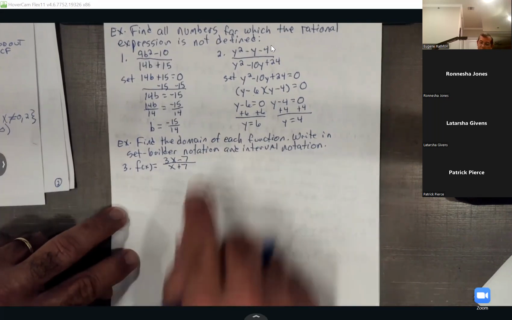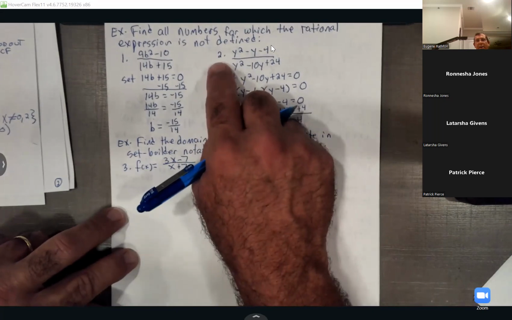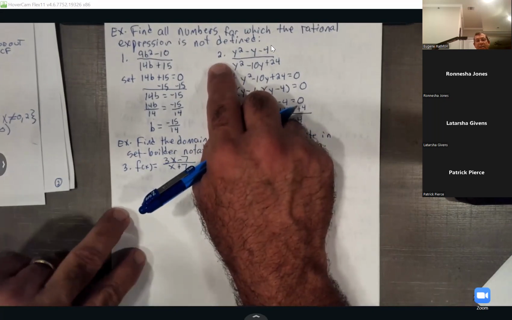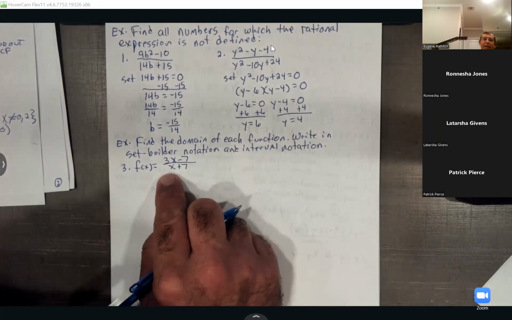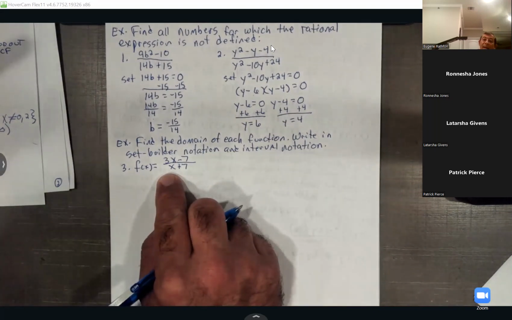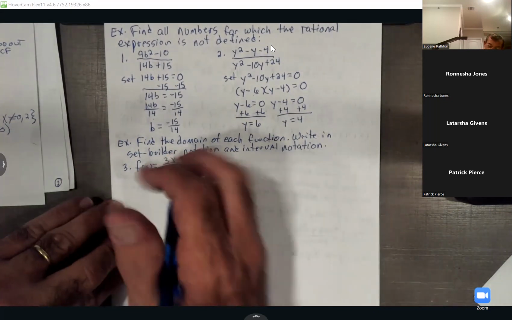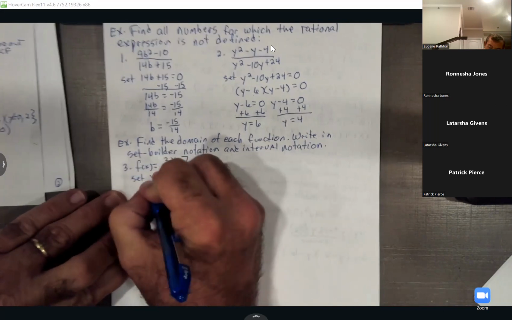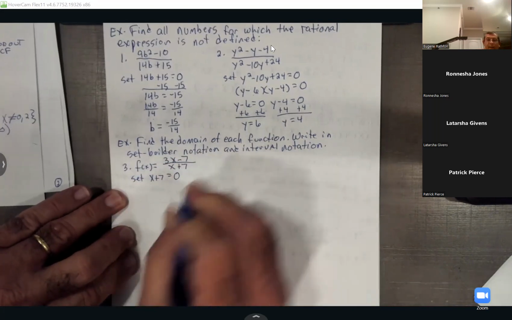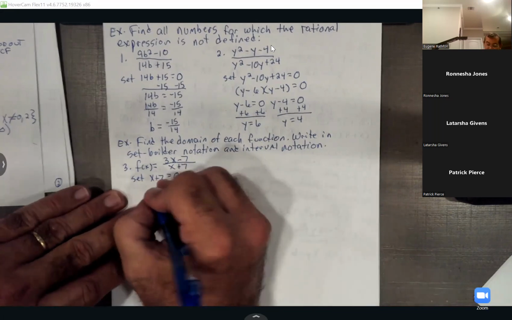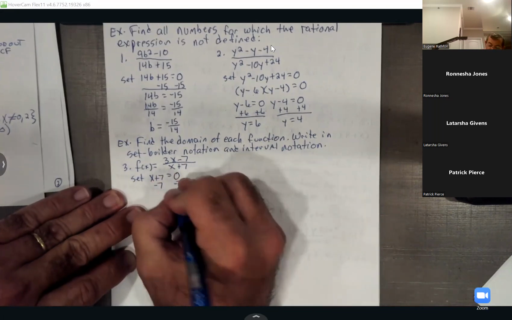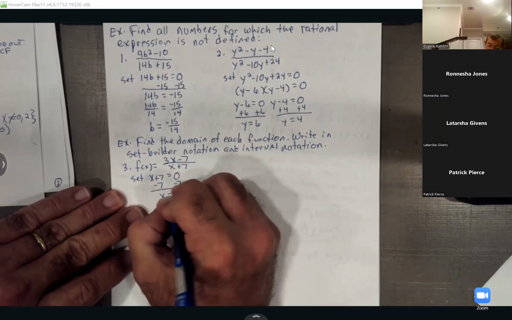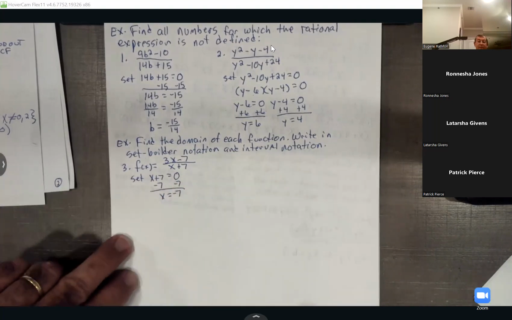To find a domain, you do the same thing as you found up here for the not defined stuff, because the only thing I need to get out of my domain is numbers that make it undefined. So once again, we set the bottom equal to 0. And y'all, this one only had one step. Subtract 7. So I get x is a negative 7.